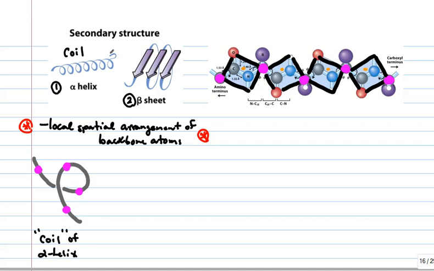And to demonstrate that to you, I've shown you the spatial arrangement of the alpha carbons, and I have omitted everything else. This is called an alpha helix. Another spatial arrangement of alpha carbons comes in the fact that they can be in a kind of a zigzag pattern. So let's see if we can kind of sketch that.